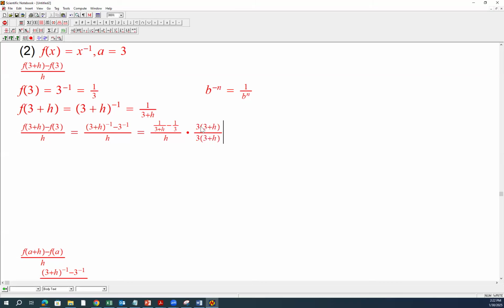Be careful. You must write this twice. Then you say, well, if I don't write it twice, I'll just write it once, writing h times 3 plus h. That would be wrong, because this quantity may or may not be 1.